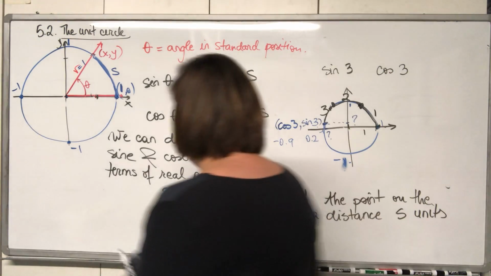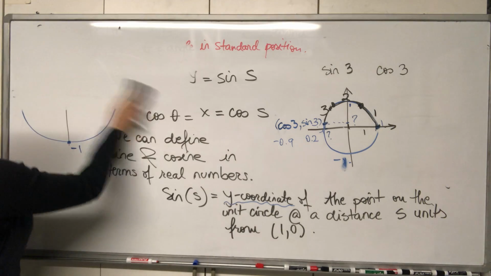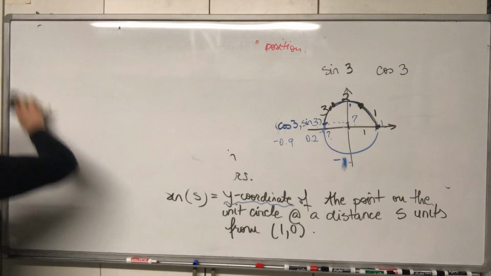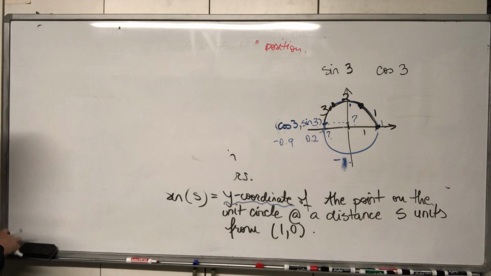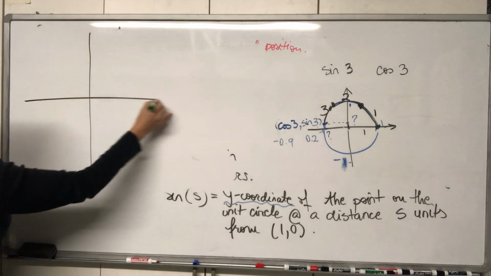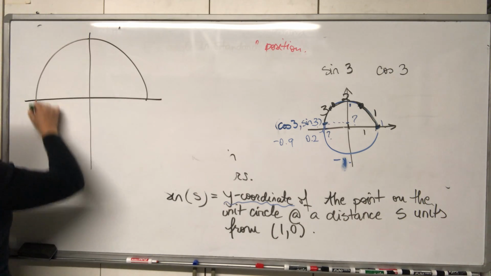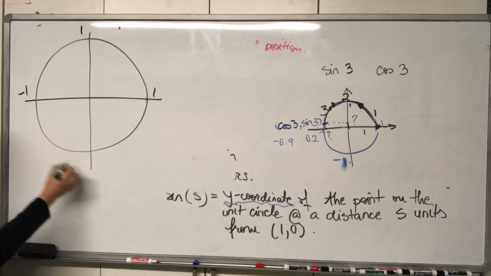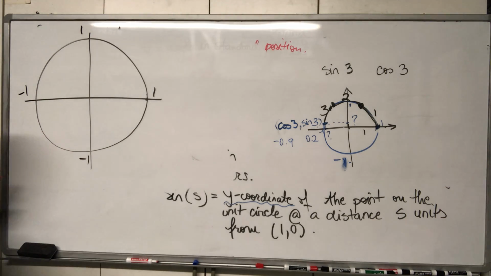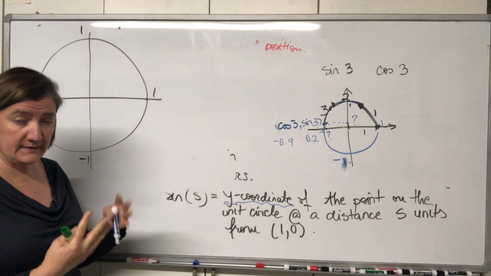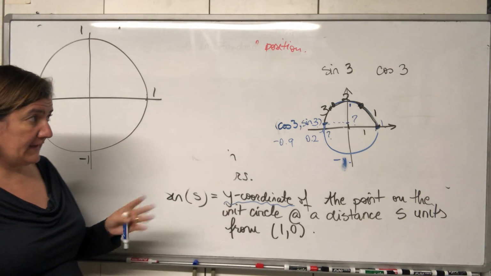Okay, so let's say you will have some of these homework questions that will give you a circle. And you will say, okay, here is the unit circle. It's important that you're on the unit circle and not something else, because if you're not on a unit circle, that r does not equal 1, so s does not equal theta, right?